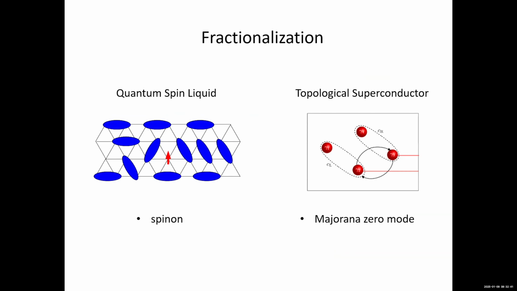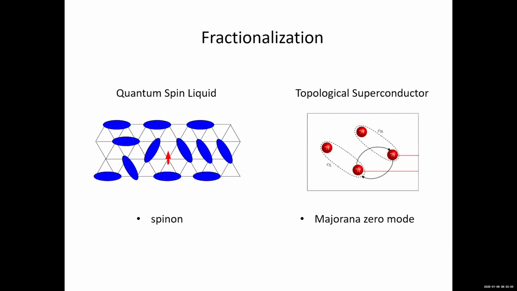And another platform for fractionalization is topological superconductors. For example, in the two-dimensional p plus ip superconductor, a chiral topological superconductor. In this case, again, electrons can form pairs, but you can have isolated quasi-particles.